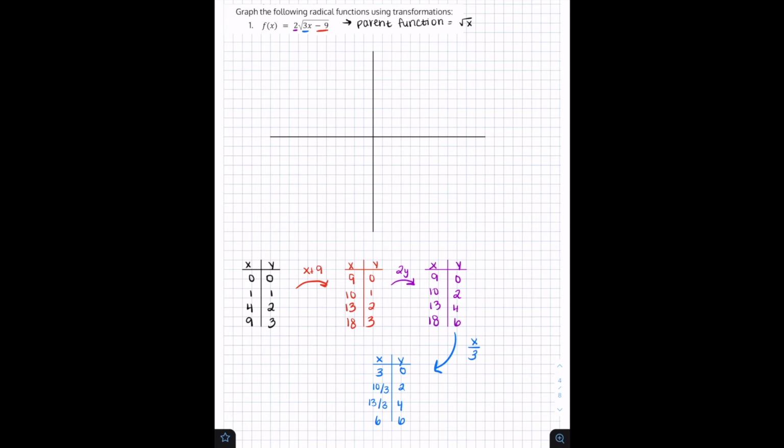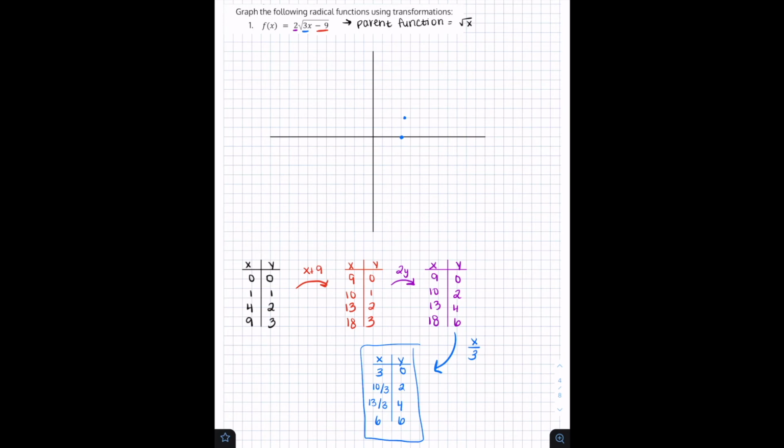Okay, so now we can actually graph this function. Now that these are our final points, because we applied all of our transformations, we can graph it. So we have point 3, 0. We have point 10 divided by 3, which is approximately 3.3-ish, so we're going to have kind of around here.